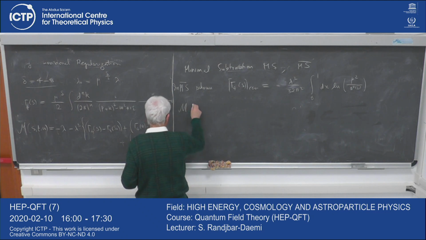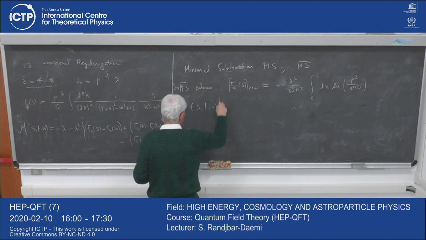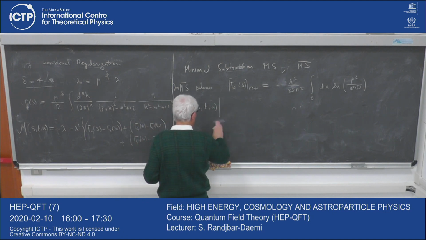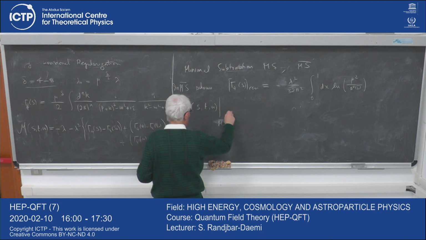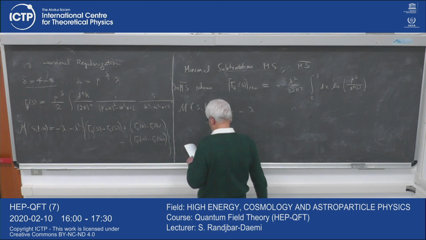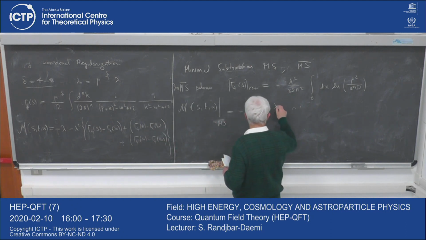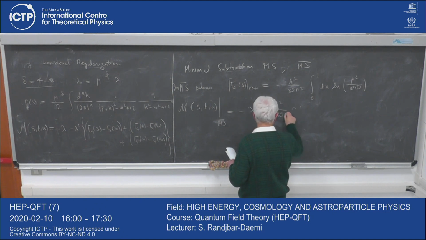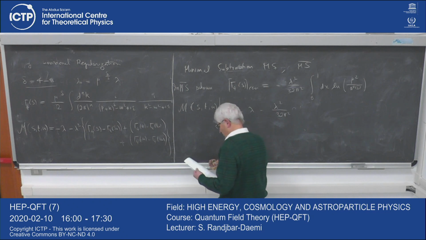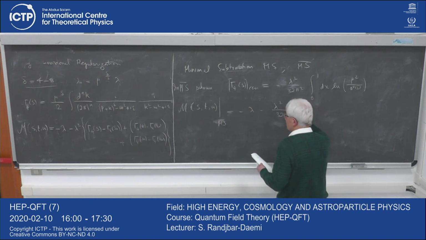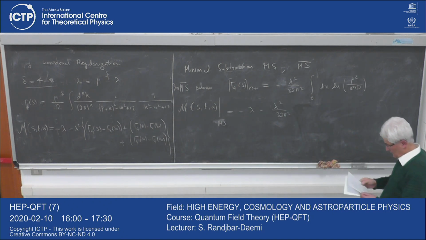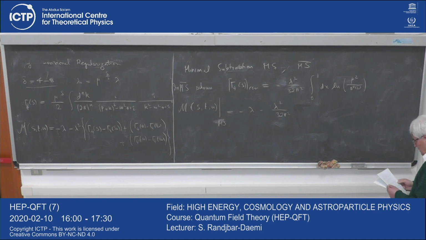So M(s,t,u) in MS bar will be minus lambda squared divided by 32 pi squared. I seem to have messed up completely with these signs.